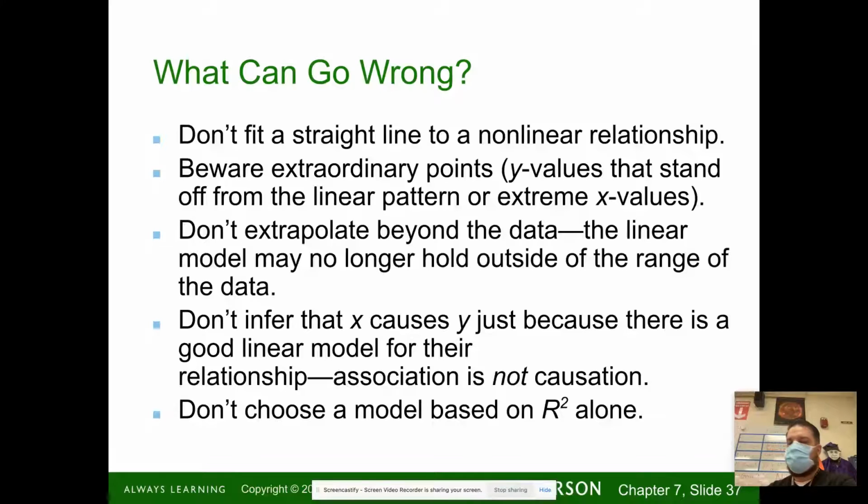Something can change. Don't infer that X causes Y because there is a good linear model for their relationship. Association is not causation. Even if you look at the explosion in mask production and sales, it doesn't mean it's related to the time of year or the time in human history.